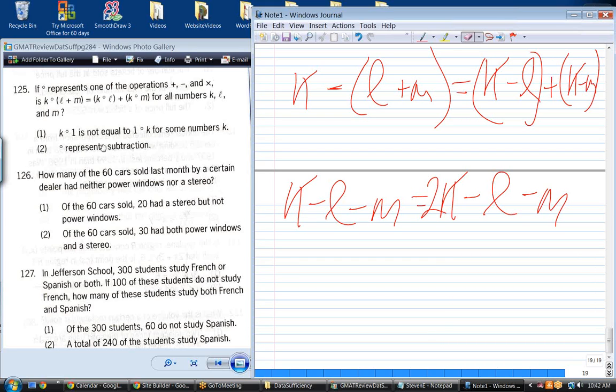If that represents subtraction, like number 2 says. Now we've already noticed the word I've been missing this whole time is "is." Is that equal to that for all numbers K, L, and M? Does 2 answer the question?